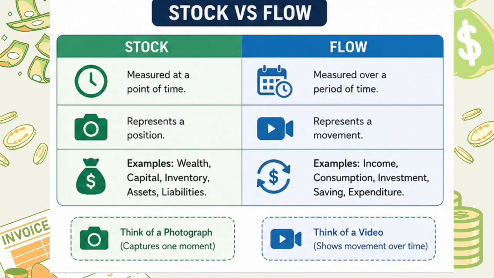There is a very easy memory trick to remember the difference between the two. A photograph captures one moment, that is stock, whereas a video records the events over time, that is flow. This distinction is frequently tested in the board exam, so make sure you understand it well.